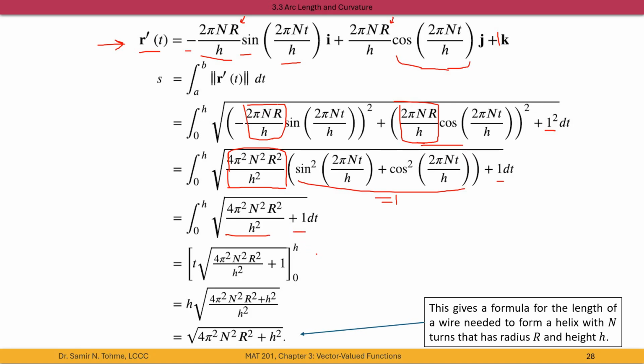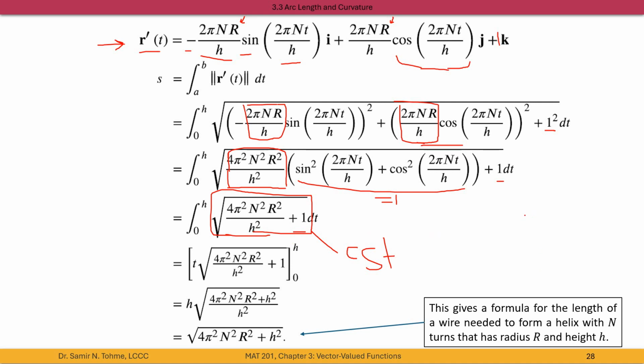Okay, now we need to integrate between 0 and h. How to integrate this radical? This whole thing is constant.